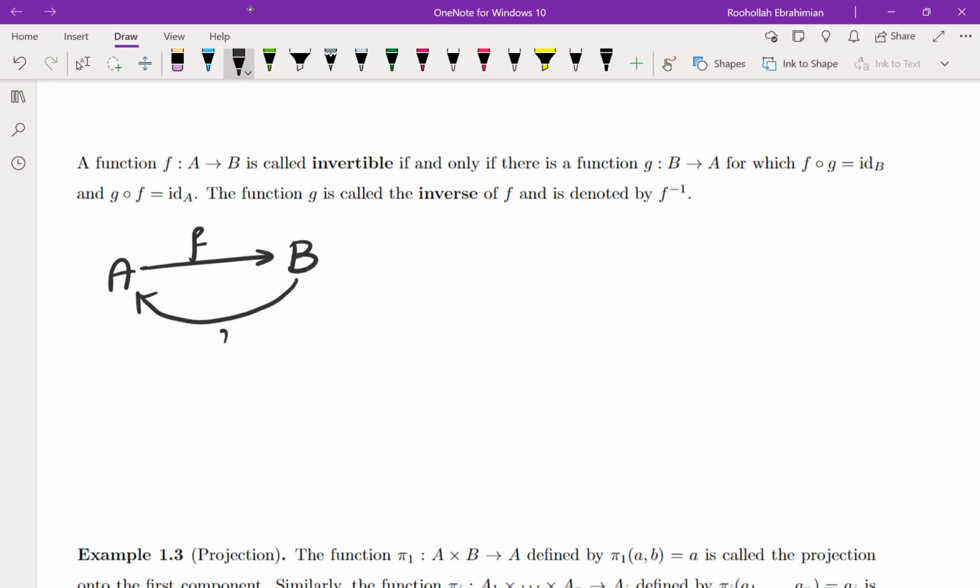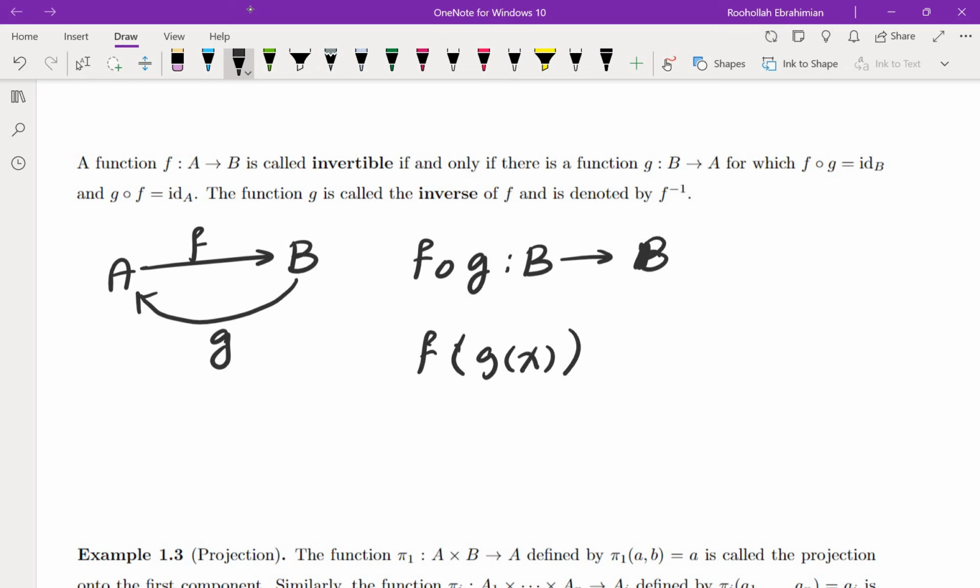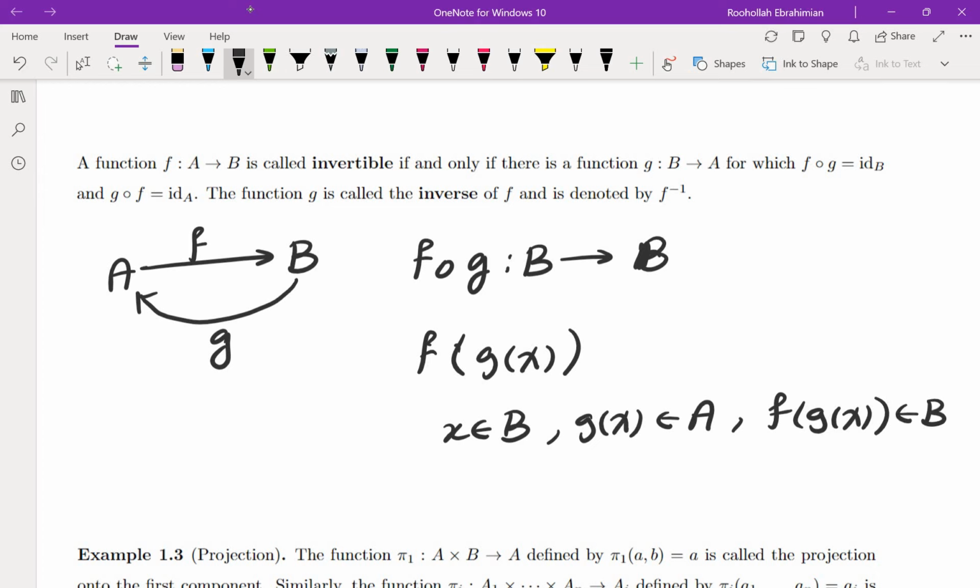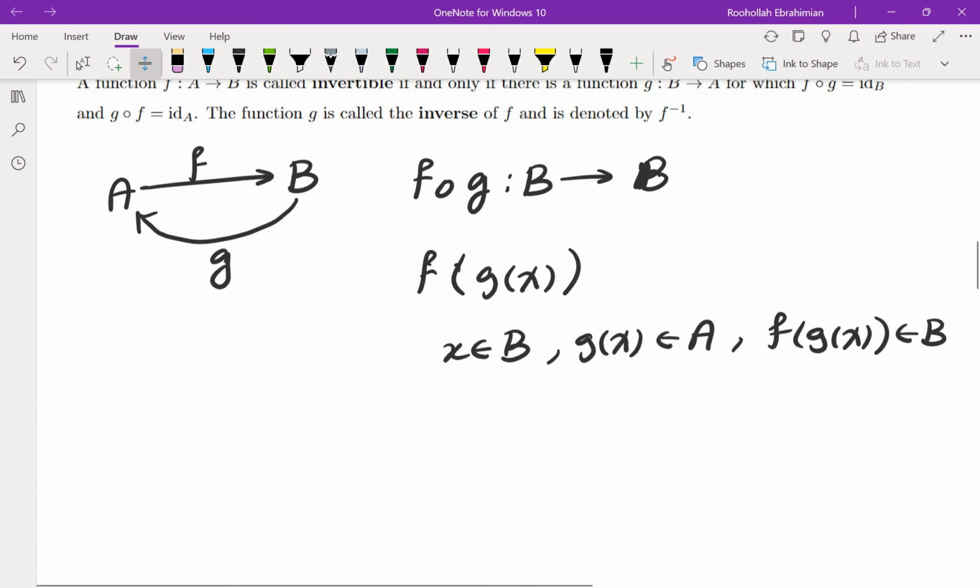If you look at f o g, you take an element of B and produce another element of B, because in f of g of x, x must be in the domain of g, which is B. G of x must be in A because g goes from B to A, and then f of that must be in B because f goes from A to B. So f o g we want to be the identity of B, and g o f must be the identity of A.